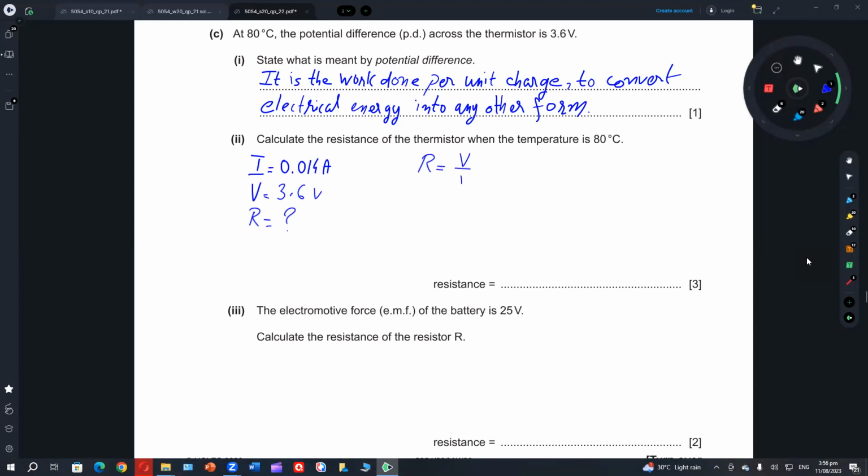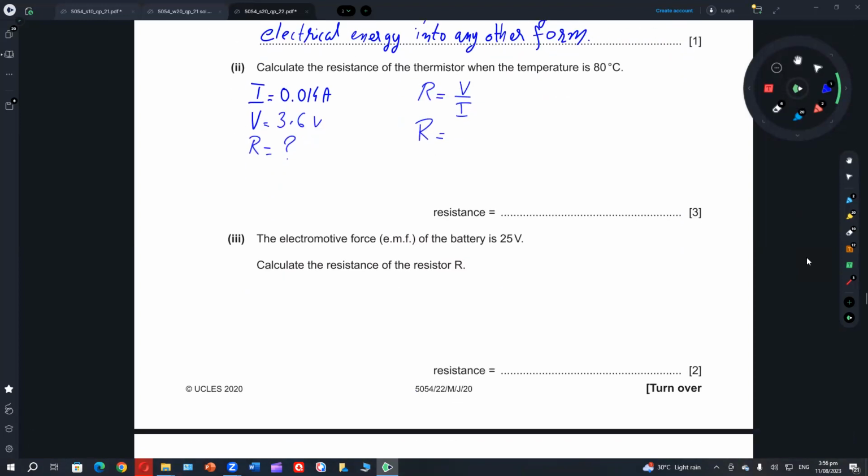Voltage over current, put it in. 257.14.